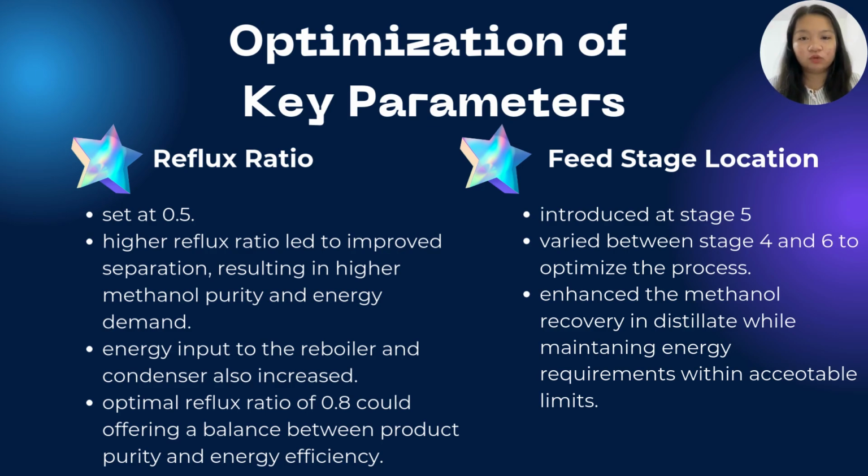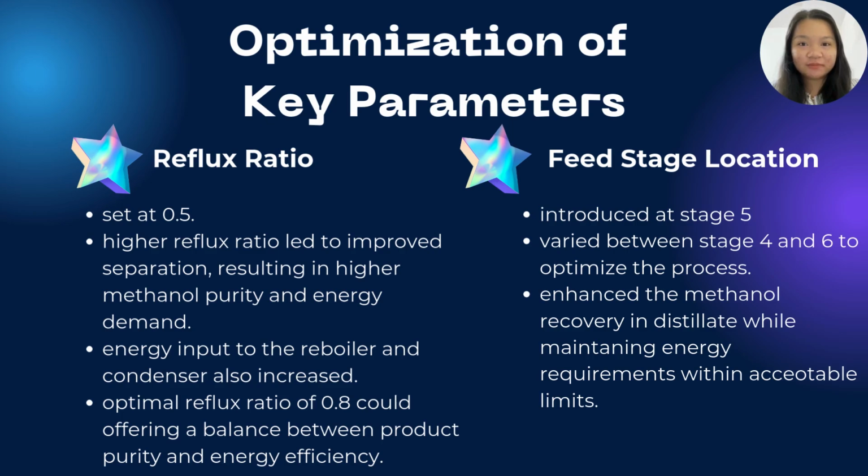Higher reflux ratios led to improved separation, resulting in higher methanol purity in the distillate and reduced water contamination. However, the energy input to the reboiler and condenser also increased significantly with higher reflux ratios. An optimal reflux ratio of 0.8 was identified, offering a balance between product purity and energy efficiency.